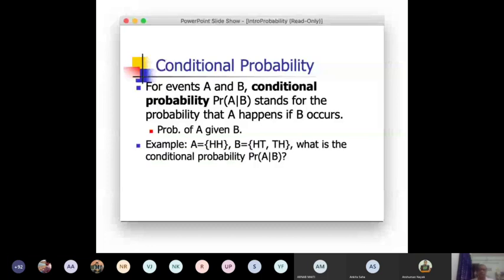So take this particular example. You have an event A which is the outcome of only 2 heads in a sequence, whereas for B there are 2 possibilities of outcomes. If any of them occurs, then it is B, right? So you are doing only 2 tosses. The outcome could be head and then tail, or tail and then head, right?